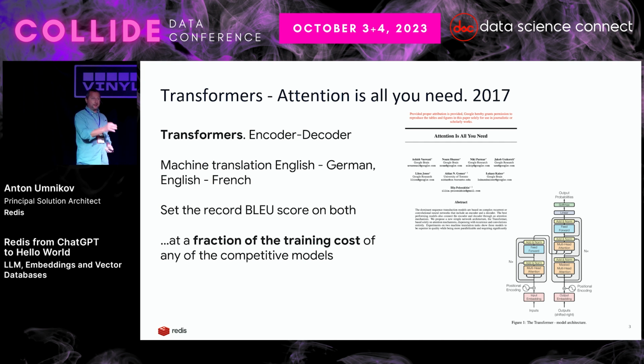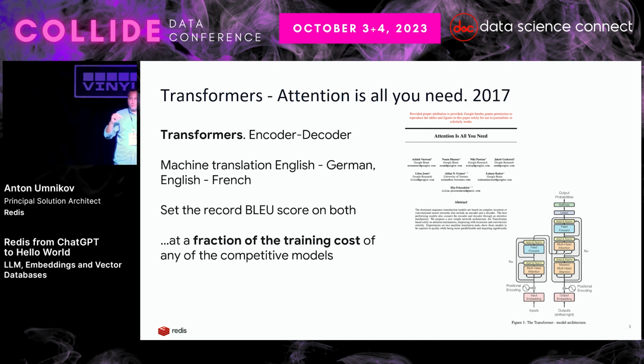They set the record in terms of accuracy on what is called a BLEU score. The BLEU score is used to evaluate the quality of machine translation or even human translation, where 0 is total garbage and 100 is a perfect translation, frankly unattainable even for the best human translators.